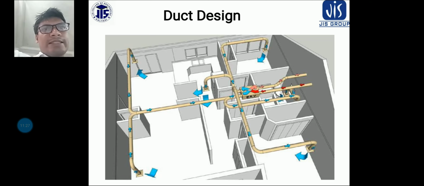In summary, these are some points about the duct system which are worth noting. The velocity of air in the duct should be kept reasonably low, so that the frictional loss and noise level are minimized.